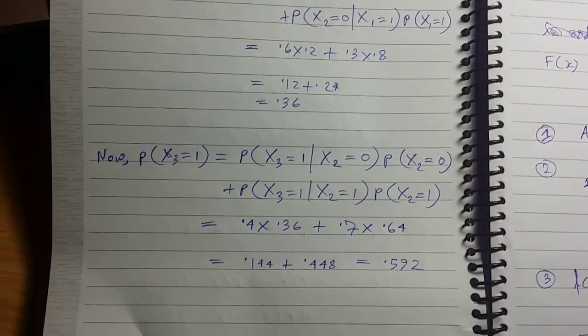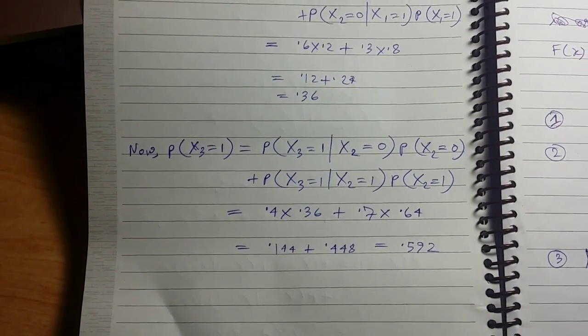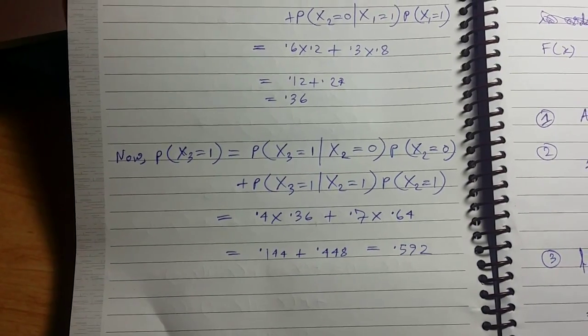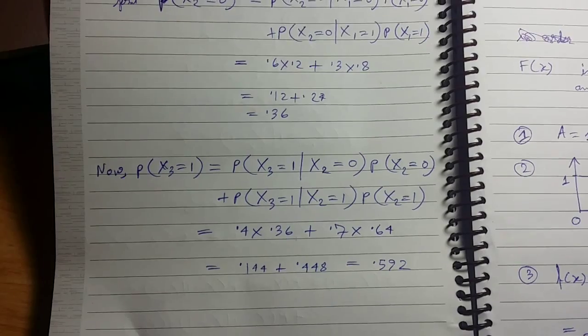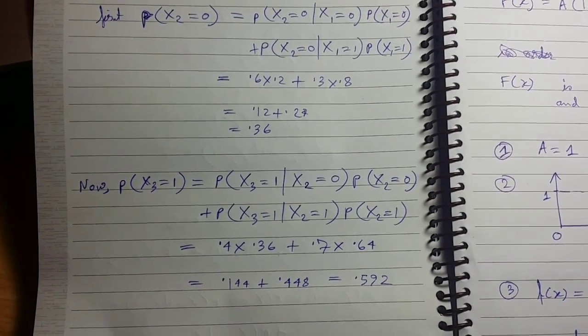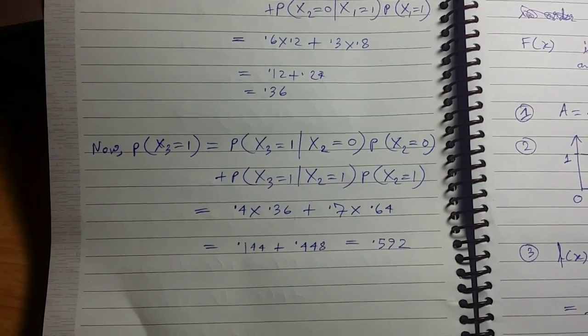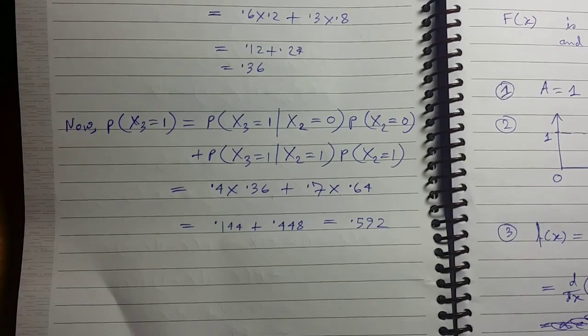And now the interesting part, probability of x3 is equal to 1 is equal to probability of x3 is equal to 1 given x2 was 0 times probability of x2 is equal to 0 plus probability of x3 is equal to 1 given x2 is equal to 1 multiplied by probability of x2 is equal to 1. So in this way we find out probability of x3 is equal to 1 is equal to 0.592.